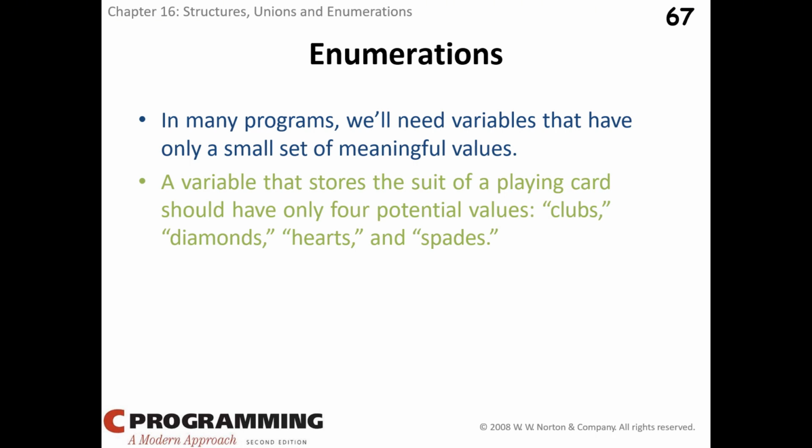Enumerations, often abbreviated as enums, allow us to declare a custom data type consisting of a finite list of named constants. For instance, to represent the suits of playing cards, we can define an enumeration called suit with the following members: clubs, diamonds, hearts, and spades.